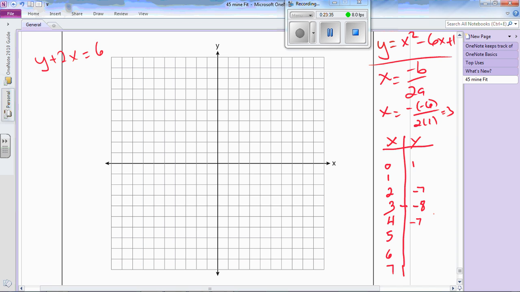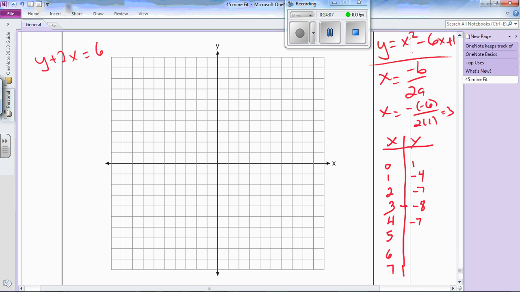I've done something wrong. 3 squared is 9. 9 minus 18 is negative 9, plus 1 is negative 8. 2: 4 minus 12 is negative 8, plus 1 is negative 7. 1 minus 6 is negative 5, plus 1 is negative 4.